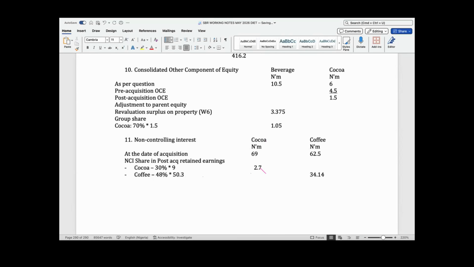But I wanted to ask about the difference, because this 50.3 is for the whole year after acquisition. I was thinking that we would apportion it before NCI reduced again. It reduces at the end of the year, so that's why it's not a problem. Okay, I understand.